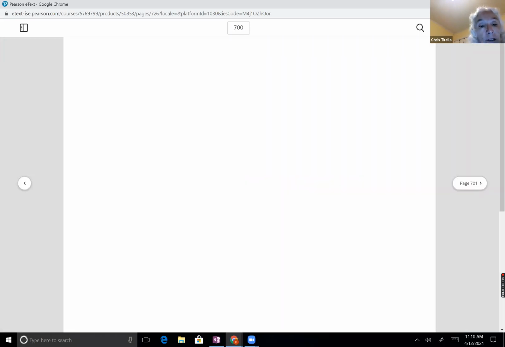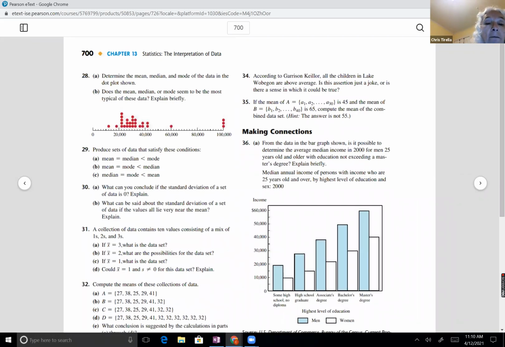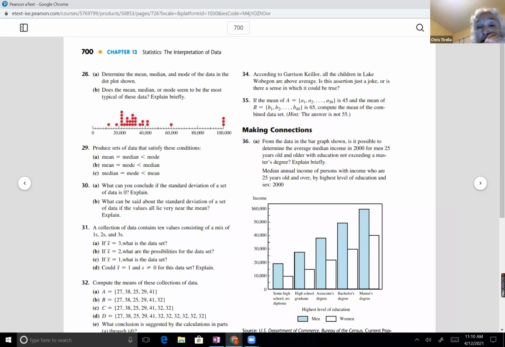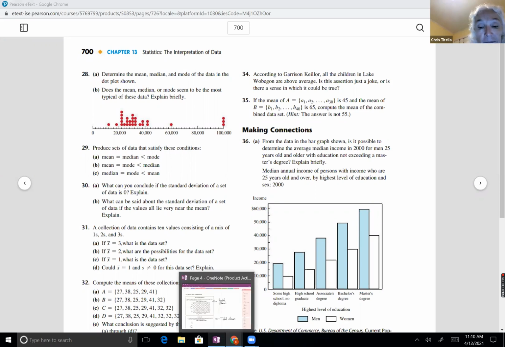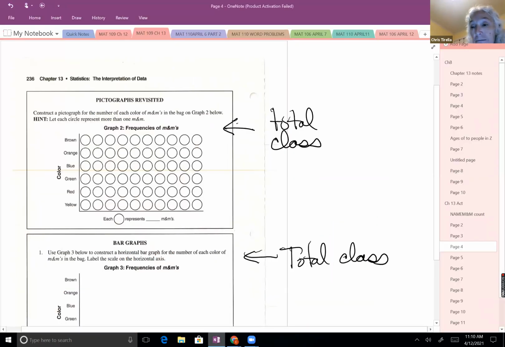Right, question number 30 says, oh, you know what? We have not yet gotten to the standard deviation. That's where we're going today. So are you all right to leave this question open? After we define standard deviation and look at some examples at the end of class, we'll go back and look at it. Okay. Any other questions? That was it that I had.